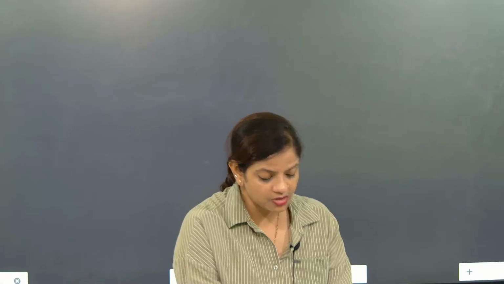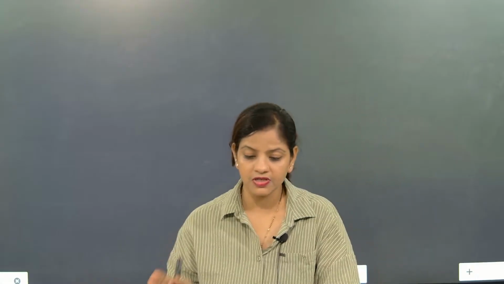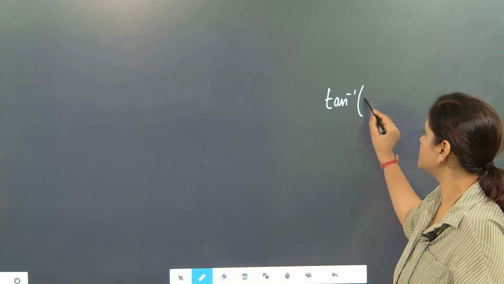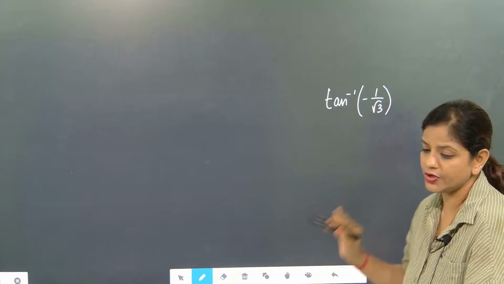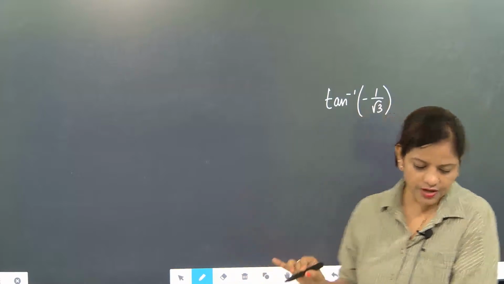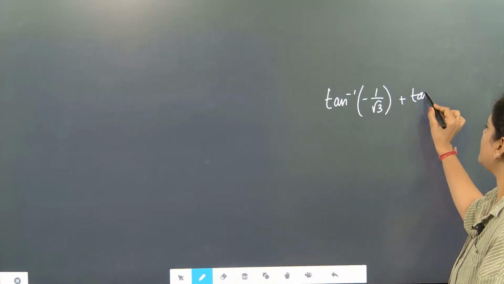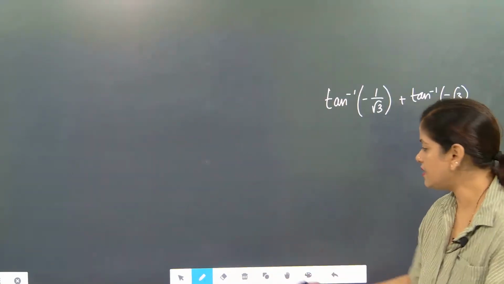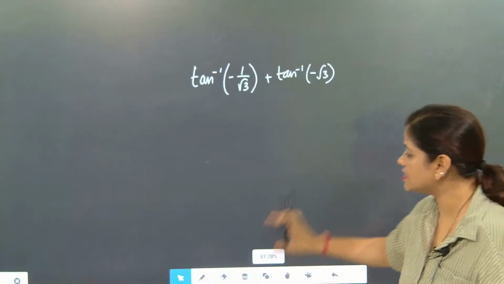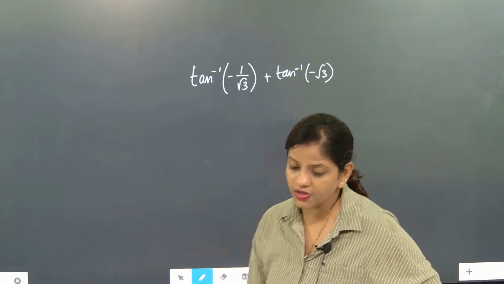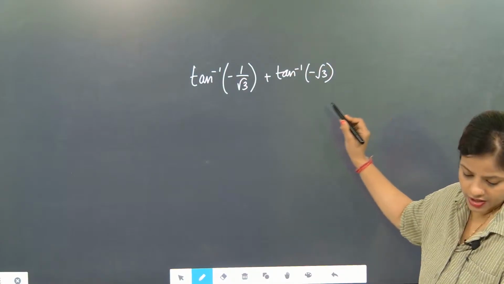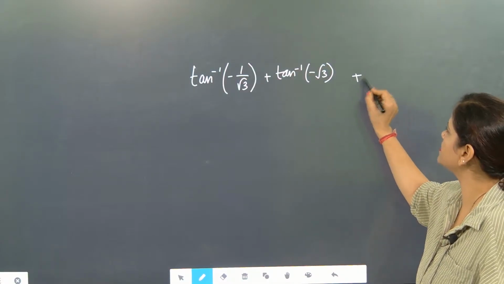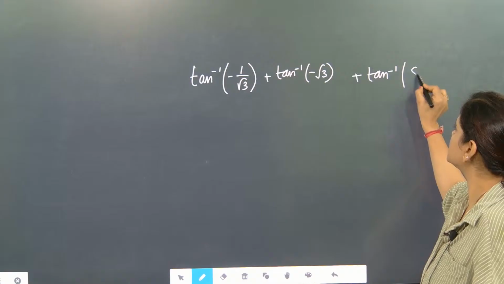Okay, I'm giving you one question, please solve it. This question already came in the board examination. Please check this one nicely and then solve. The question is: tan inverse of minus 1 by root 3 plus tan inverse of minus root 3 plus tan inverse of root 3 plus tan inverse of sine of minus pi by 2. Carefully do it, calculate, take your time and then give the perfect answer.